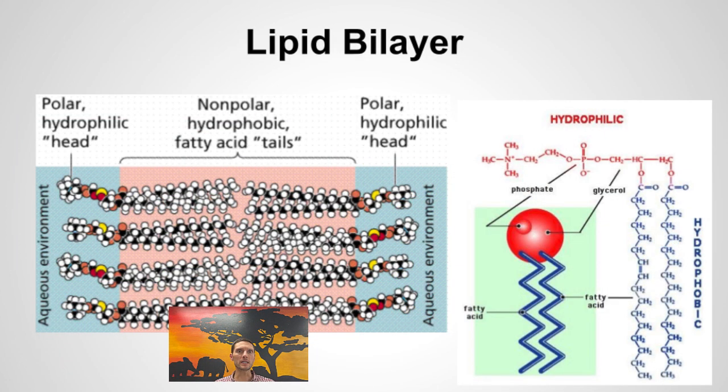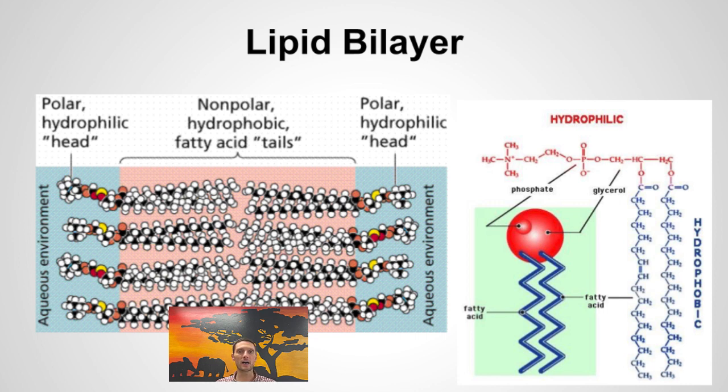The bilayer is composed of two layers of phospholipids, and an individual phospholipid would include the phosphate head and two fatty acid tails. It arranges itself so that the tails are protected from aqueous solutions, and it forms an enclosed shape so that the two tails, the portions that are hydrophobic, are facing one another, and the hydrophilic phosphate heads are facing the external and the internal portions of the cell, which is where the aqueous solutions are.